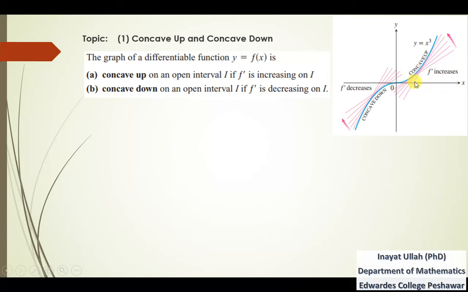So as you go forward along this portion of the graph which is concave up, the angle of all those tangents increases. It means that the derivative of the function increases in that portion of the graph which is concave up. So that is the definition.